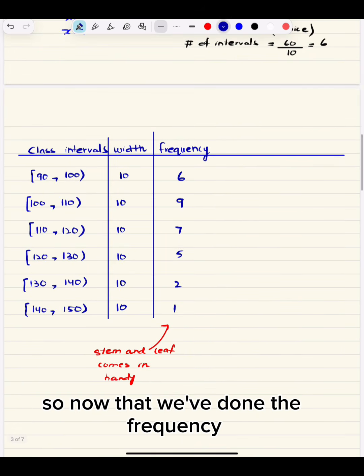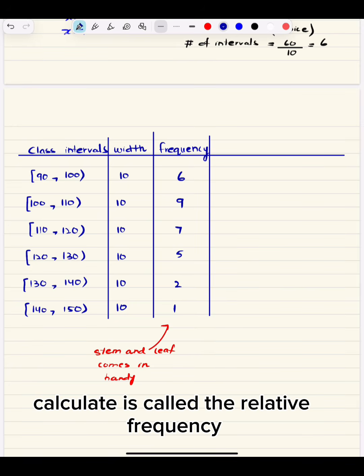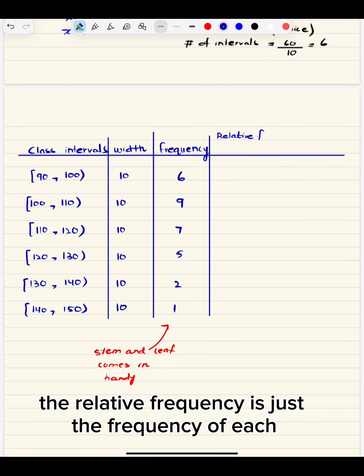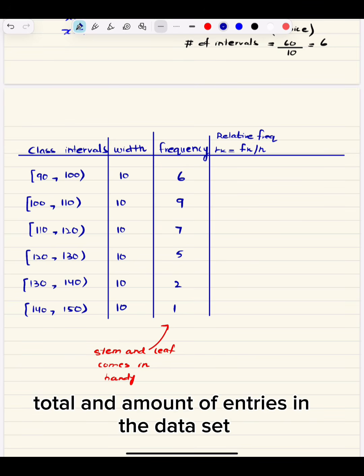Okay, so now that we've done the frequency, the next thing we want to calculate is called the relative frequency. And the relative frequency is just the frequency of each class width divided by the total amount of entries in the data set.